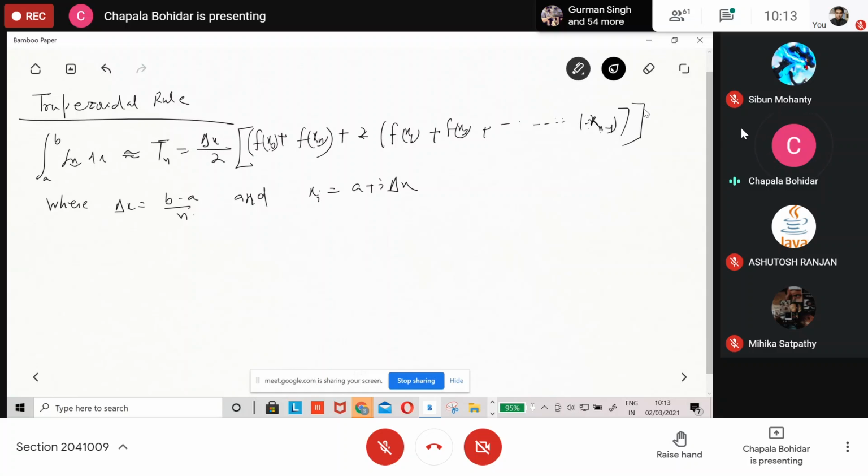This is your trapezoidal rule. So similarly, write down the formula for the Simpson's rule.